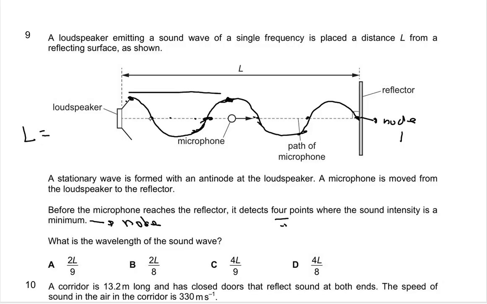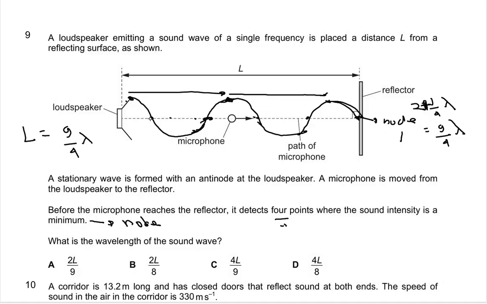So this is one wavelength, and here our 2 wavelengths, and it leaves a quarter wavelength. So we have 2 full wavelengths and 1/4 wavelength, so it is equal to 9/4 wavelength. So we have 9/4 wavelength.